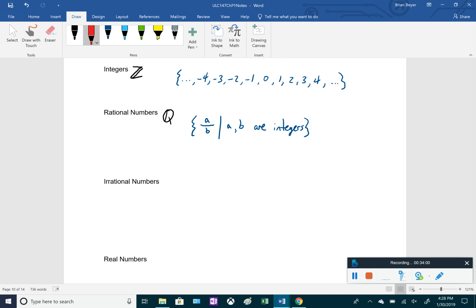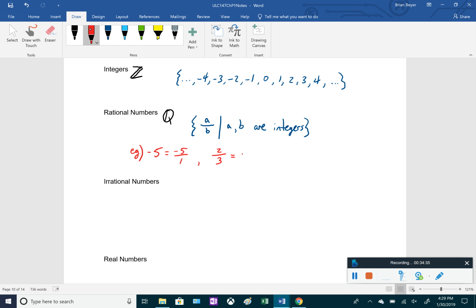So for an example of this, we could have something like -5. We can write this as -5/1, right? -5 and 1 are both integers. Integers are rational numbers because we can just place them over 1. Another one we can have is 2/3. 2 and 3 are both integers, so this works.